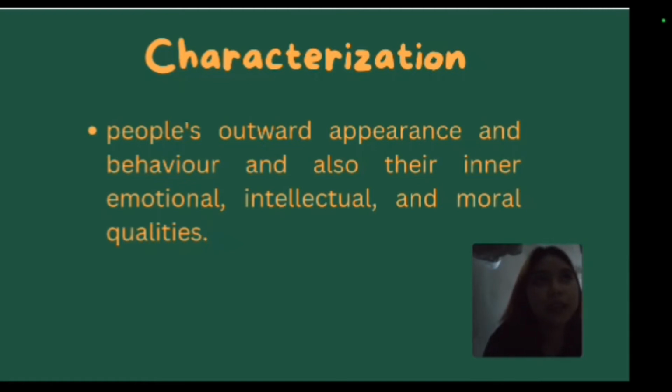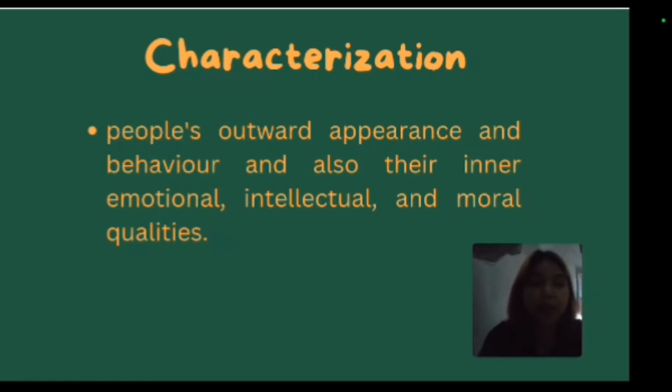Now, I think this is the third one, the characterization: people's outward appearance and behavior, and also their inner emotional, intellectual, and moral qualities. Now, of course, in analyzing a fiction, every story has characters, and we have to identify those characters, if you know what I mean.